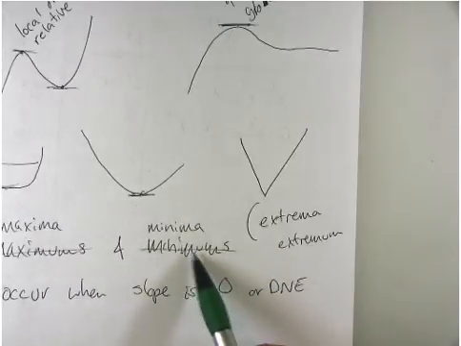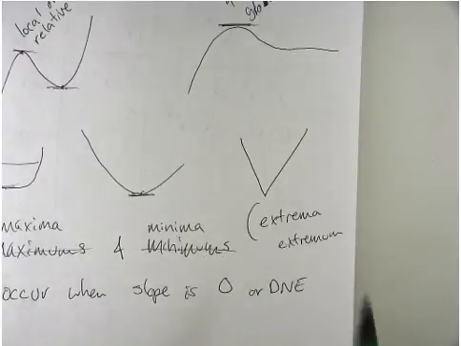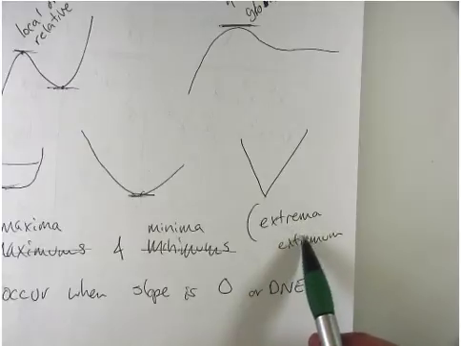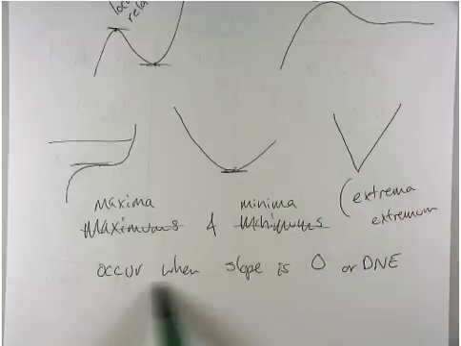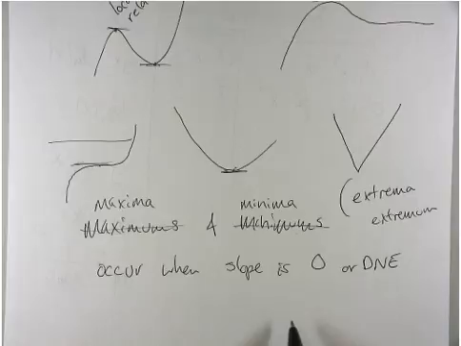A single minimum is also an extremum. But if I were to talk about all mins and all maxes, I would be talking about extrema. And the key characteristic of extrema is that extrema occur when the slope is 0 or the slope does not exist. That's when they happen.